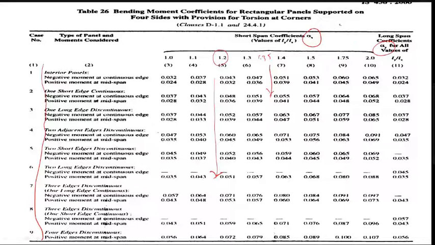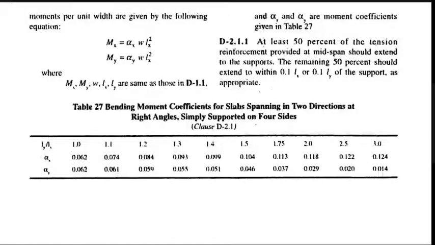And this is for when the corners are held down. Then alpha x into W into Lx, and alpha y into W into Lx, it is not L, okay, Lx only.